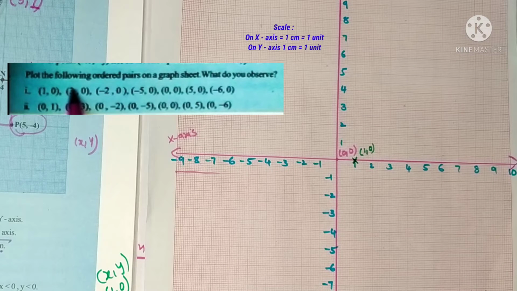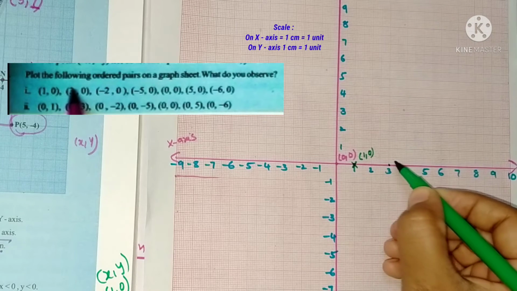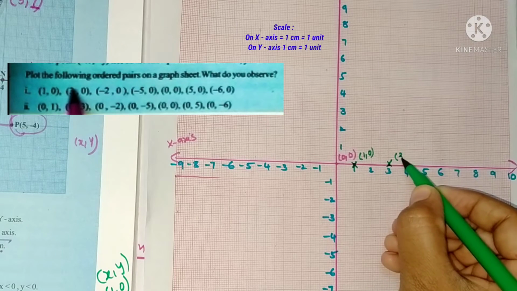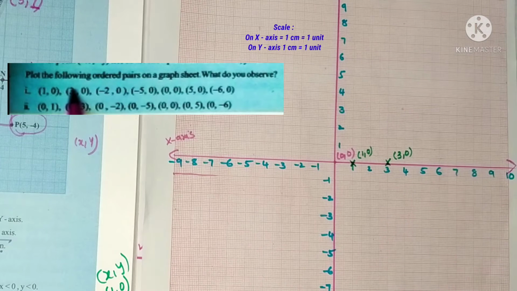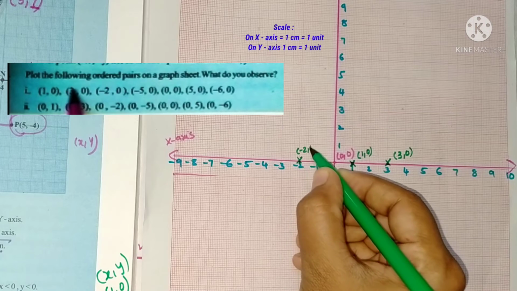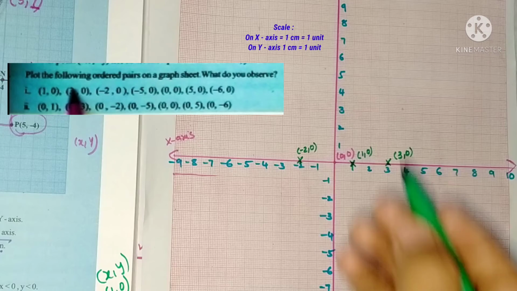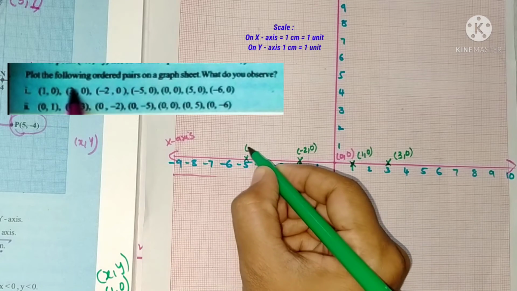Next (3, 0). Where is 3 on the x-axis? This is 3, and 0 means it is on the x-axis only. Minus 2 comma 0: minus 2 here on the x-axis and y is 0, so on the x-axis only. Next (-5, 0), this one.